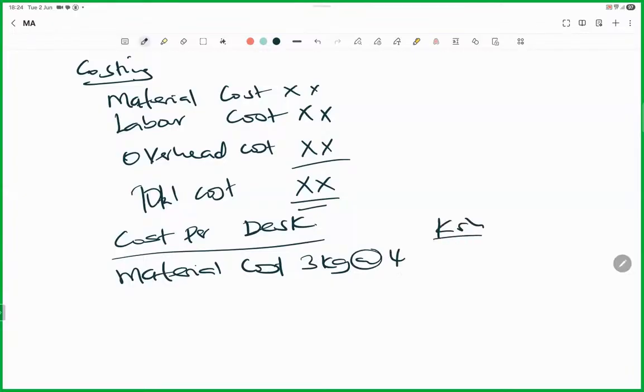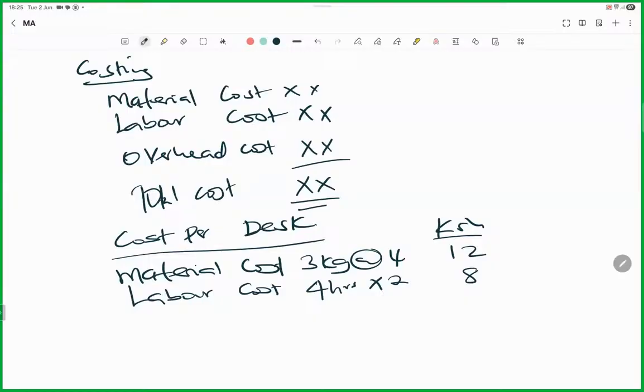Which gives us 12. Then we have labor. So labor cost. Have they given us number of hours? 4 hours. And each hour, how much is it costing us? 2 shillings. Which gives us 8.